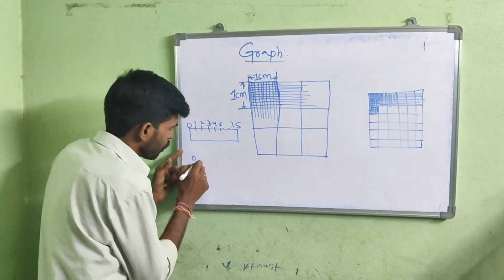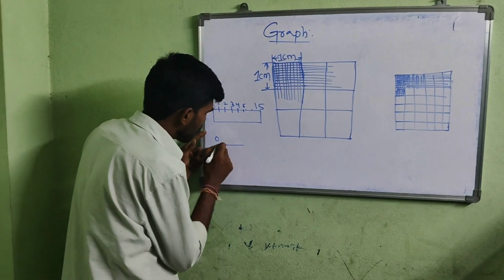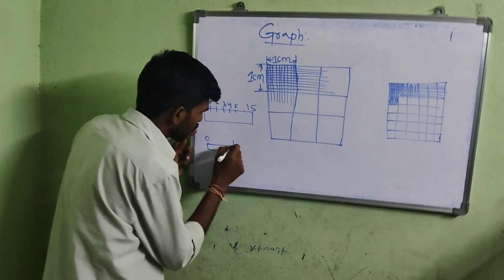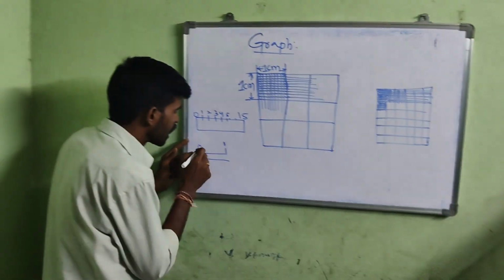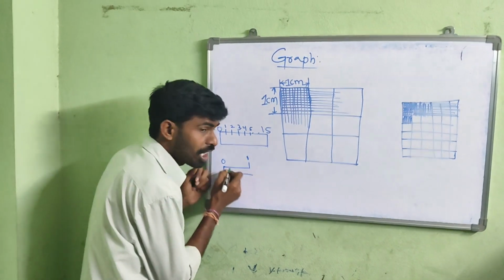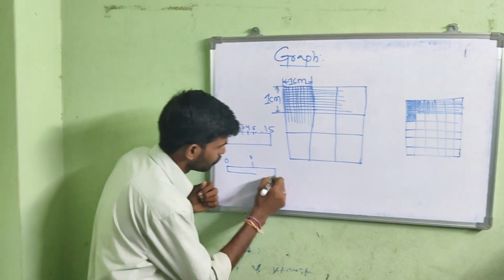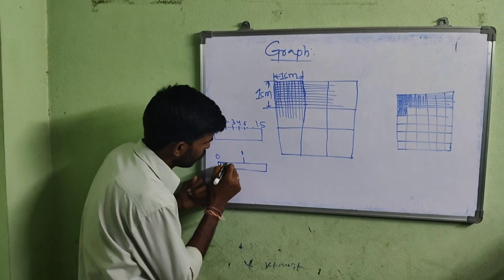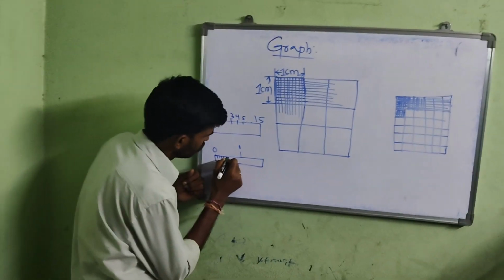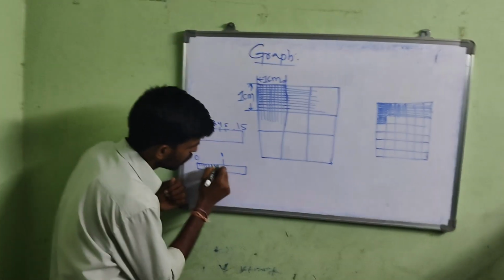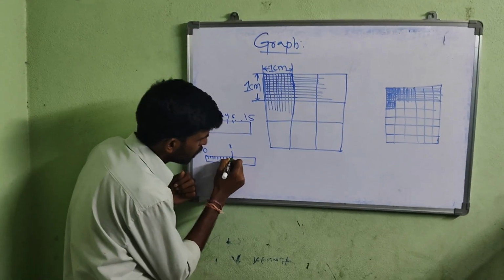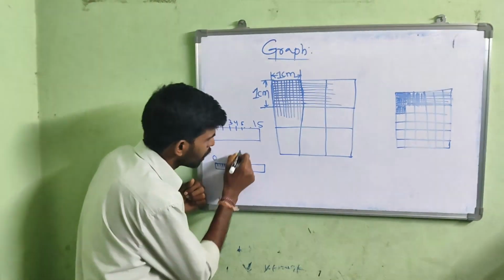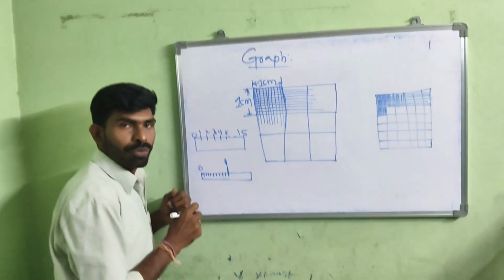The 0 is the starting of the scale. For example, here is the 1. Here what happened? 10 divisions are there on your scale. Listen carefully. 1, 2, 3, 4, 5, 6, 7, 8, 9, and this last one is the 10. 10 is on 1.